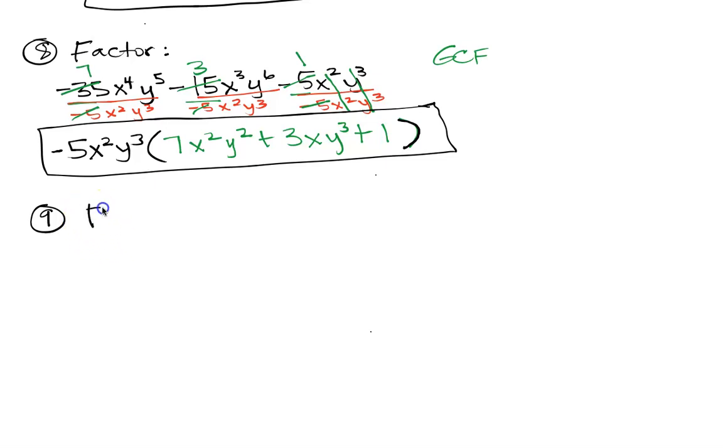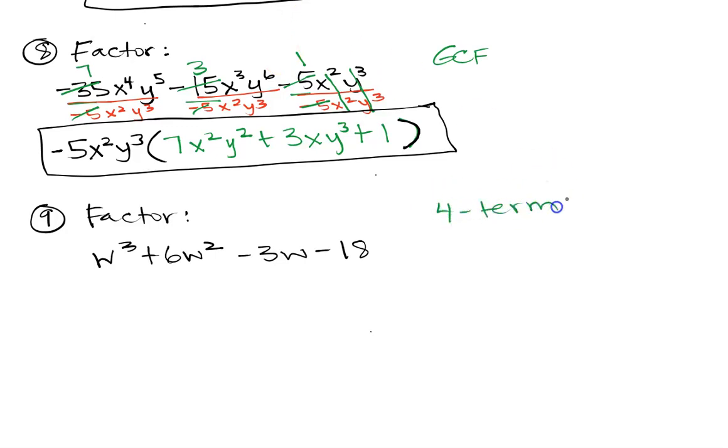Okay, let's factor something like this. So if I have w cubed plus 6w squared minus 3w minus 18. Okay, so this is a 4-term polynomial. And when I have 4-term polynomials, I want to do factor by grouping, right?